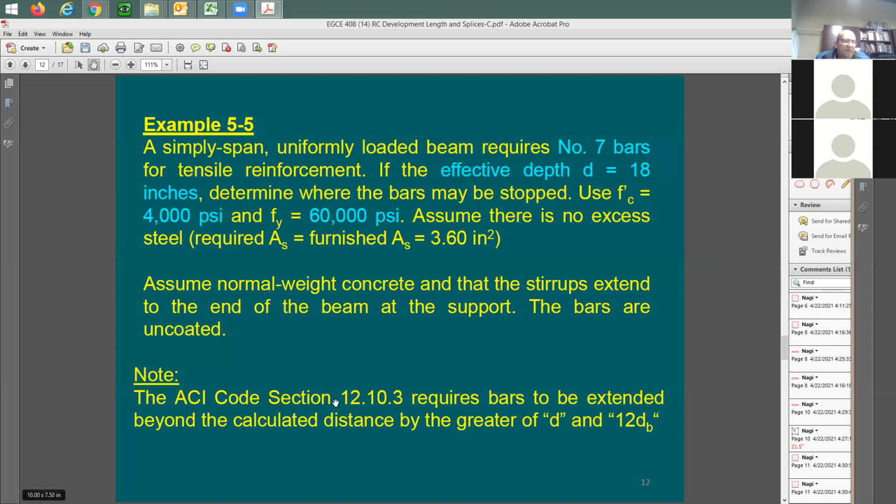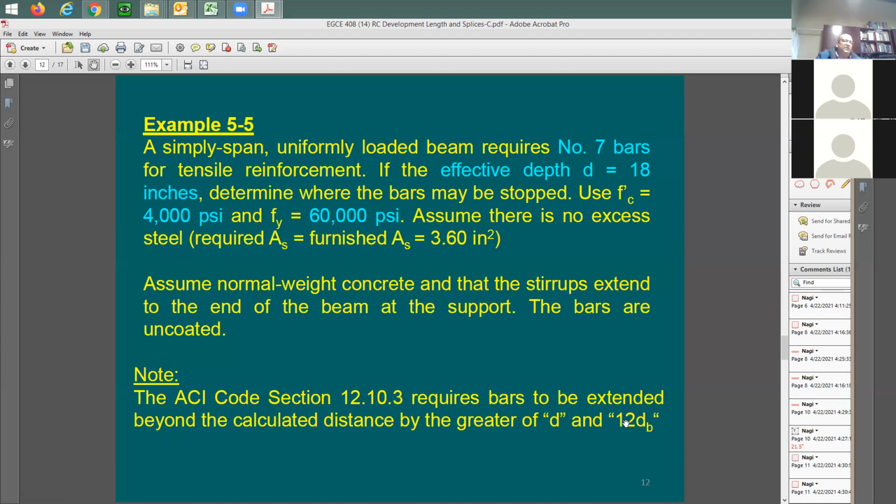And then we have a section in the code that says this rebar needs to be extended beyond the point where you don't need it. You need to extend it a distance that is the greater of two values, either the depth d or 12 db.